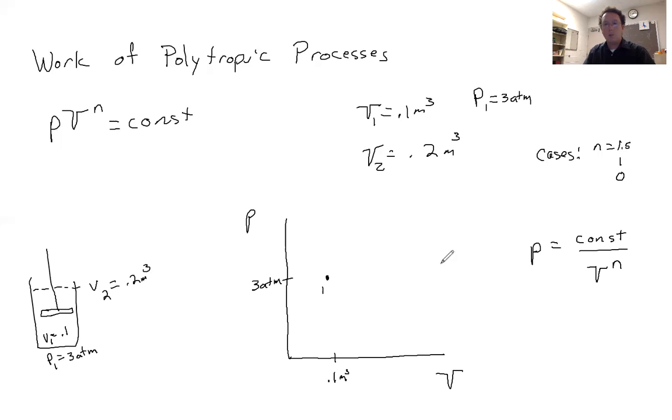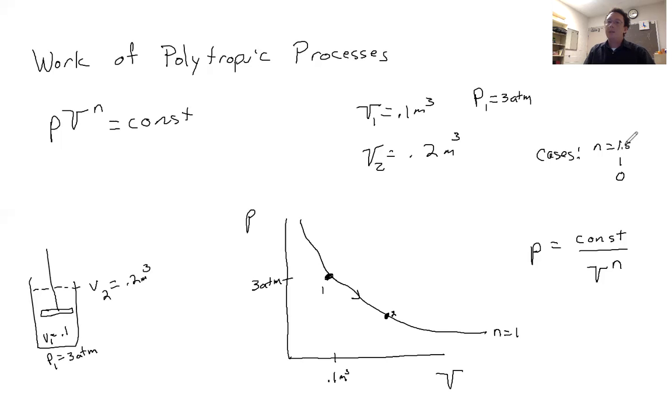When n is equal to 1, this is a hyperbolic kind of function. So it would look something like this. This would be n equals 1. If you double the volume, I would expect the pressure to drop, and this would be state 2. It goes from 1 to 2, so we put a little arrow there.